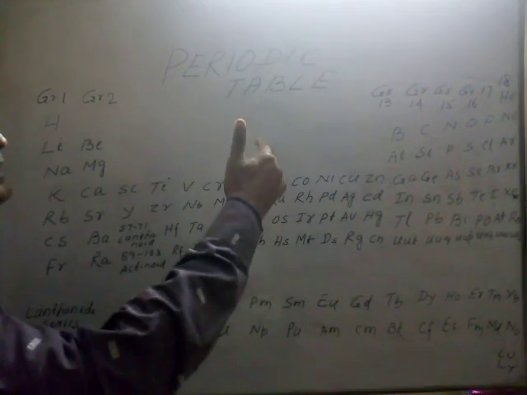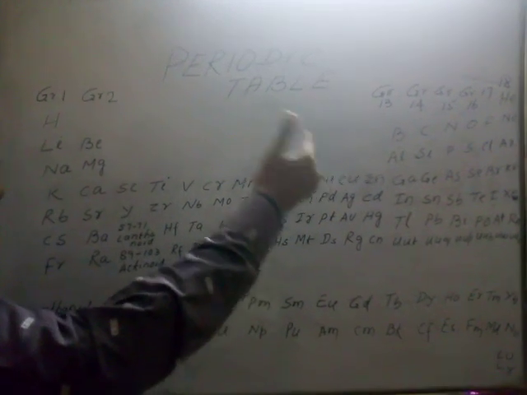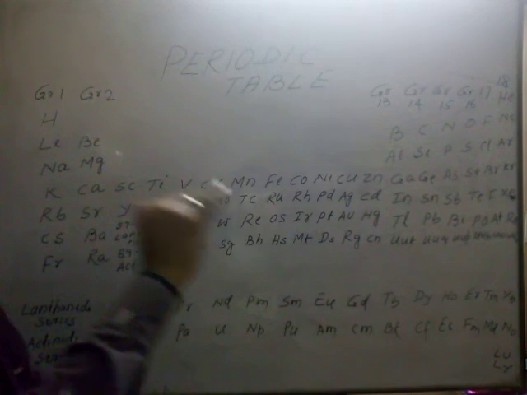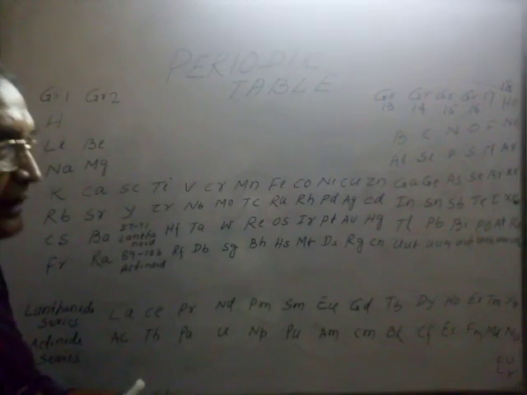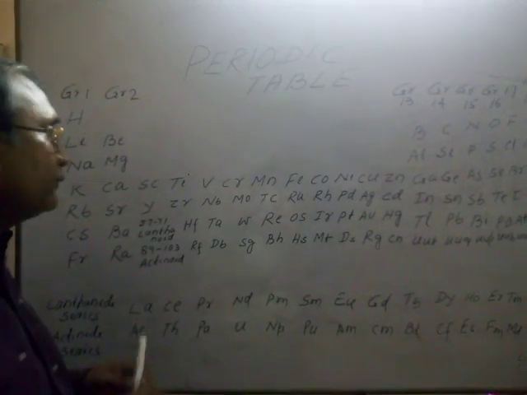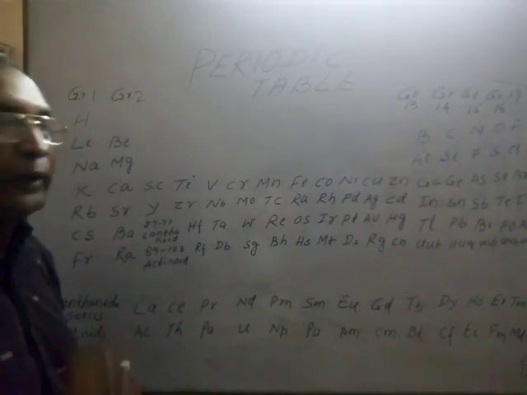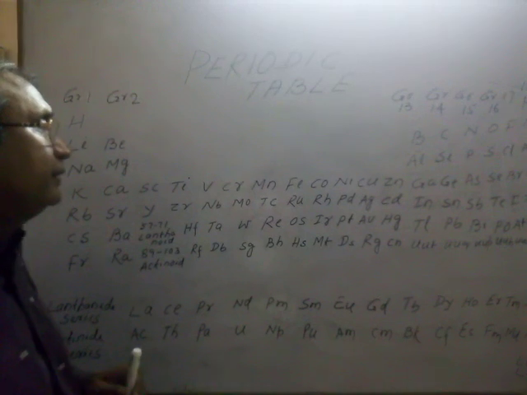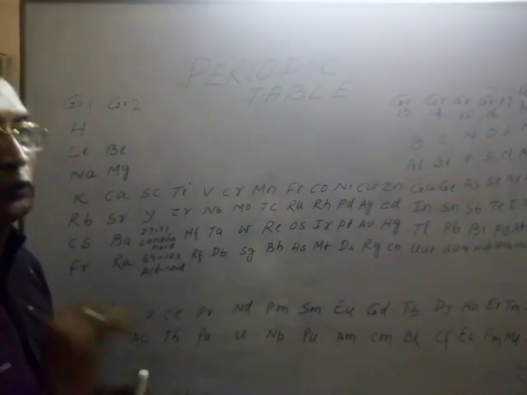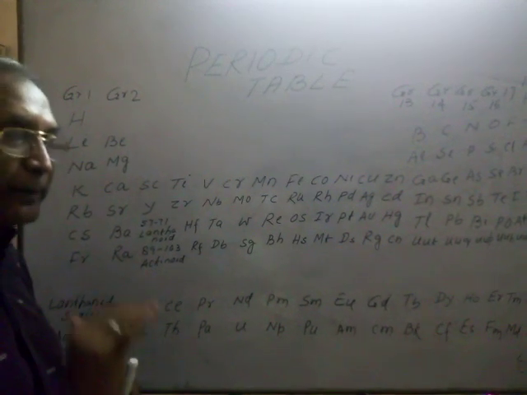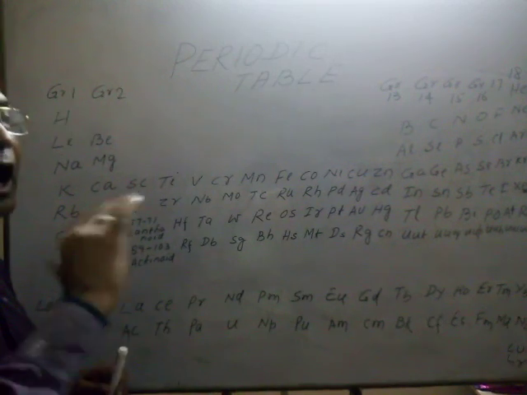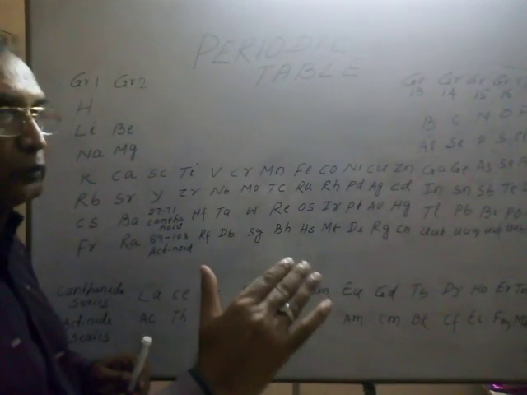Like that, 15 it is 5, 16 it is 6, 17 it is 7, and in 18, the outermost shell has 8 electrons. From here, we come to a conclusion that group represents the valence electrons, that is the outermost shell electrons.